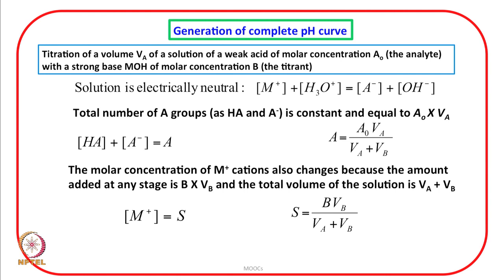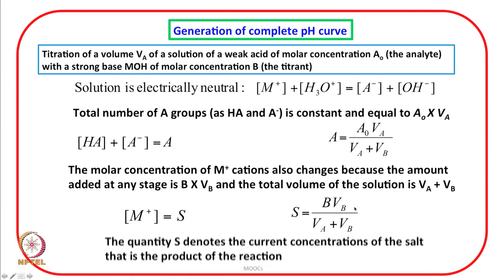The point to be noted in this discussion is that we are writing M plus equal to S. S is the concentration of salt formed, which will be equal to the amount of cations given by the base, and this S is equal to B times Vb over Va plus Vb by the same arguments that we discussed earlier. This quantity S denotes the current concentration of the salt, that is the product of the reaction.